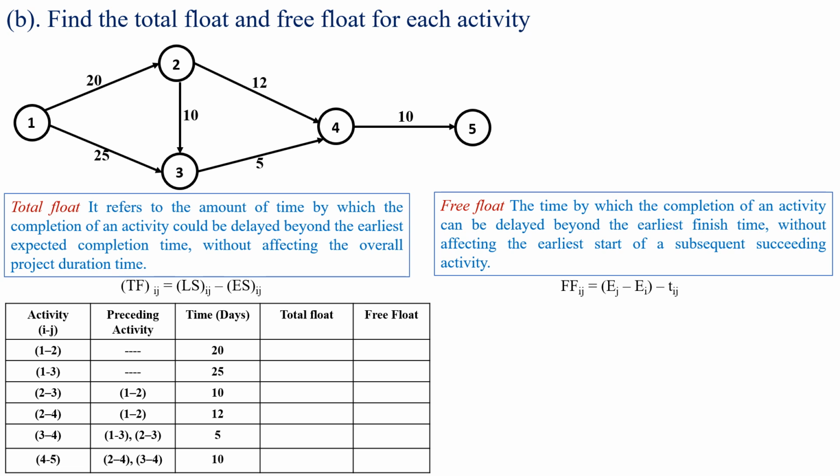So free float equals the earliest finish time minus earliest start time minus time duration of the activity. So total float equals LS of ij minus ES of ij, and free float FFij equals Ej minus Ei minus Tij. Here Tij is the time duration of the activity.